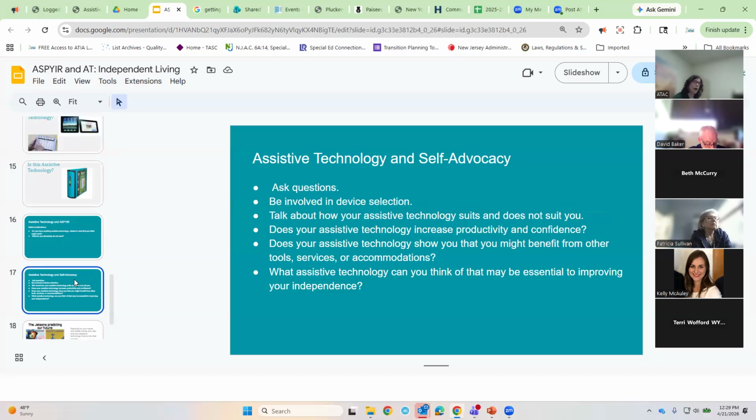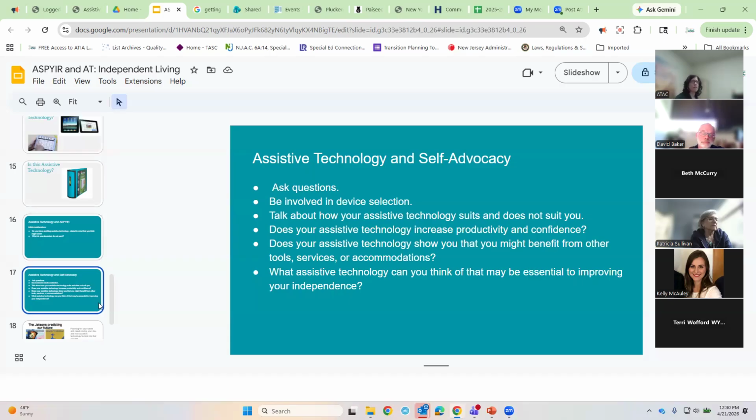Part of the reason why ASPYIR is so important is because it promotes advocacy for people with disabilities. Now, within assistive technology and self-advocacy combined together, this becomes a matter of asking questions, being involved in device selection.